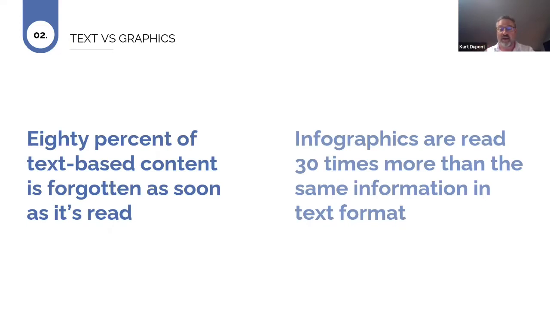So I read the text that was on my slide, and I said first that infographics are read 30 times more than the same information in text format. And then I said 60% of text-based content is forgotten as soon as it's read. So this proves that you are reading and you are going away from my information on the slide because you're not listening. And that's because we have text on the slide.